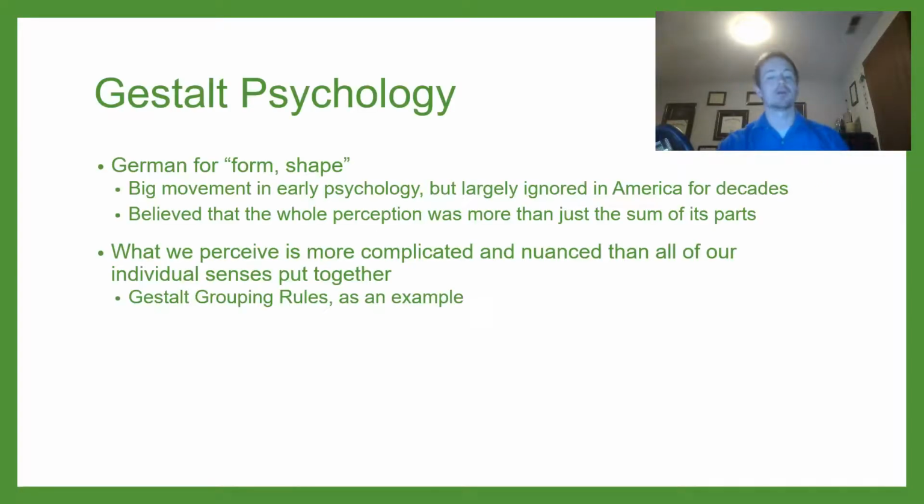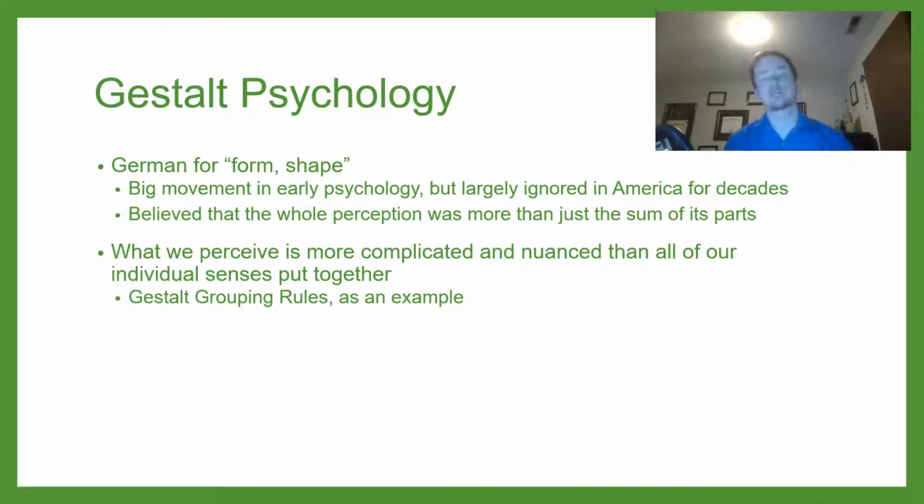But what you are perceiving now is not just white and black spots. It is essentially a dog, right? That is an example of Gestalt psychology, that we are perceiving something that we don't actually have all the information of. We don't see an actual photograph of a dog here, but our mind puts it together. That is an example of our perception being more than the sum of its parts.